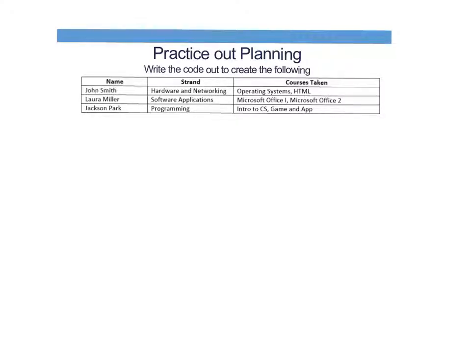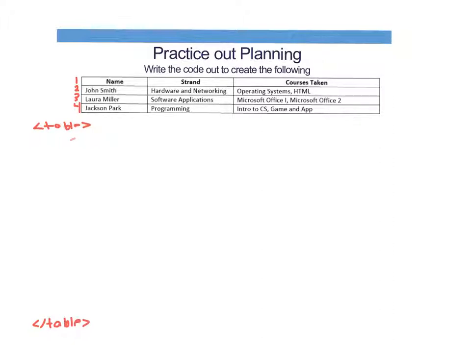So the last thing we're going to do here is write out the code for the following table. To start, we always start with our table tags. So I'm going to have an opening table tag here, and then I'm going to have a closing table tag down here at the bottom. Then from here I notice I have 1, 2, 3, 4 rows, and I know that I always code tables based on their number of rows.